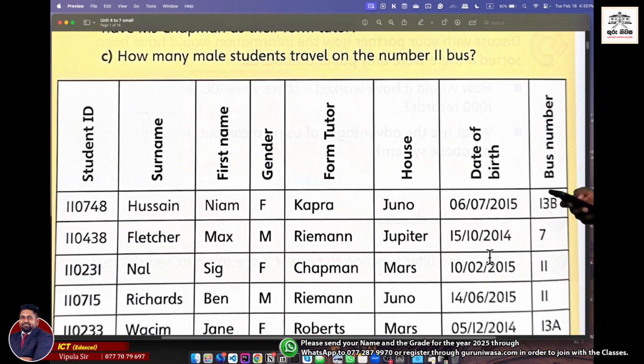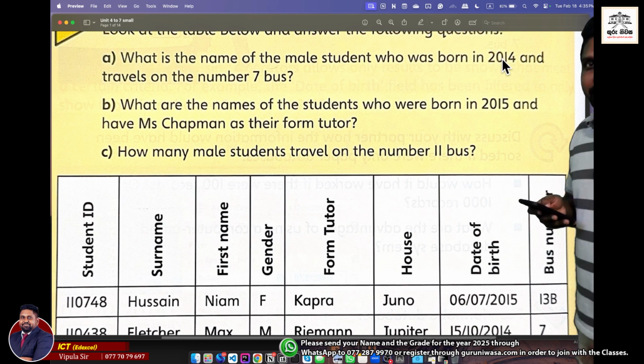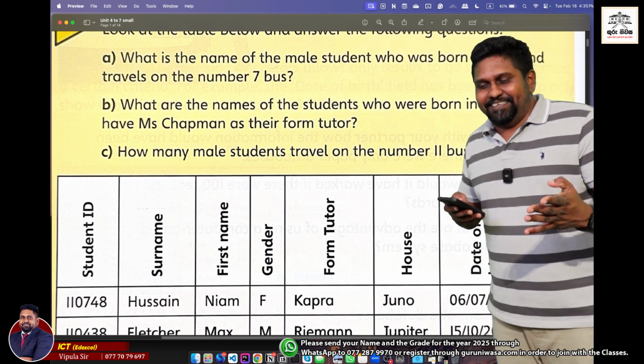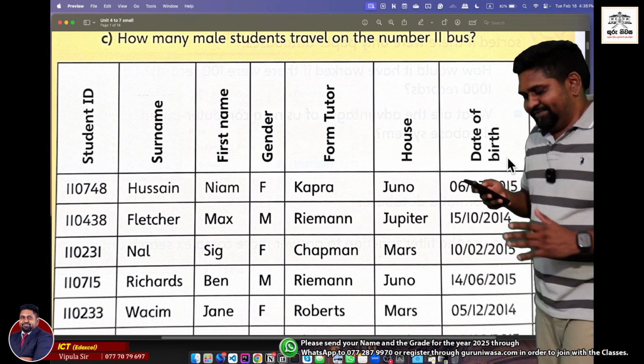So according to the query, what we are looking at is students who were born in 2014, specifically 14, right? So straightforward, male, 2014, then it's Max obviously, and let's see the final last condition.